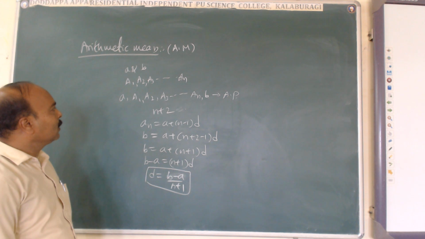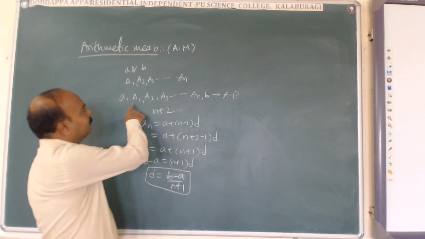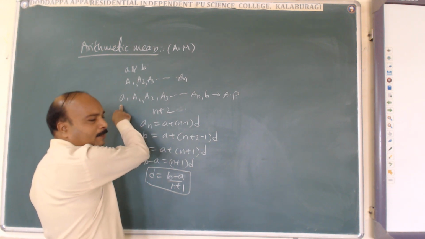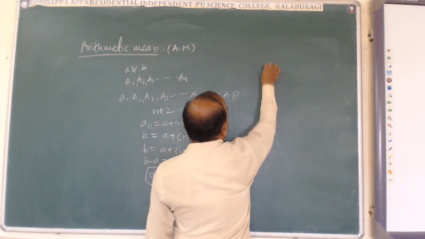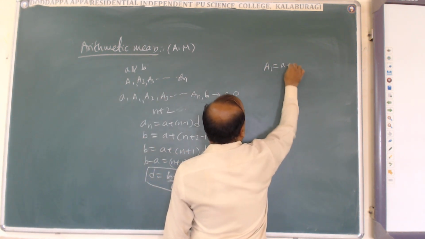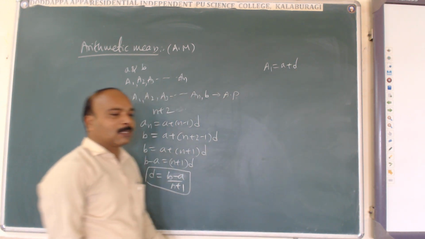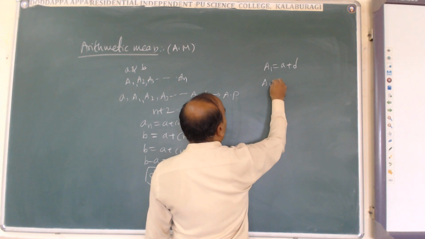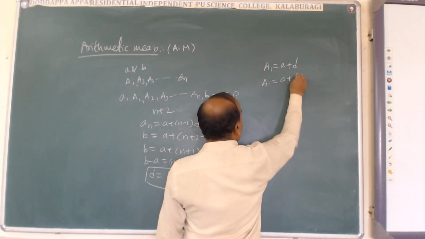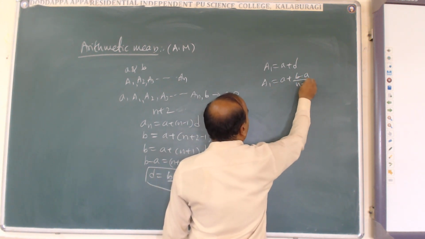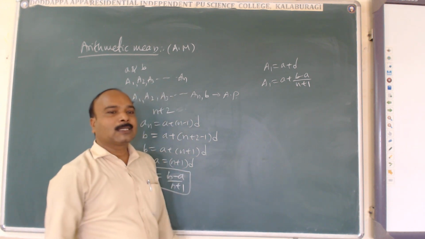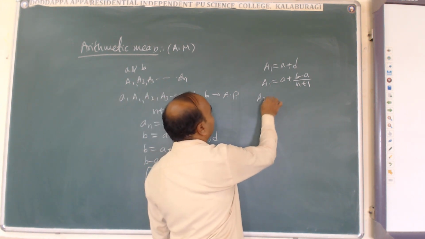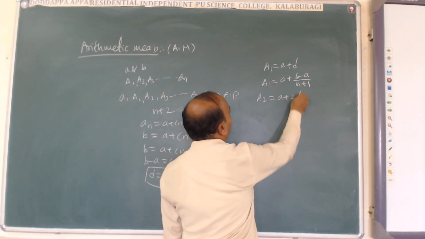Now how to find other terms, the arithmetic means a1, a2, a3? a is already the first term of the arithmetic progression, a1 is the second term. a1 means you know the formula a plus d, it is the second term of AP. d value you know already. So a1 equal to a plus (b minus a) by (n plus 1). It is the second term of AP. Next, if you want a2, it is a plus 2d.